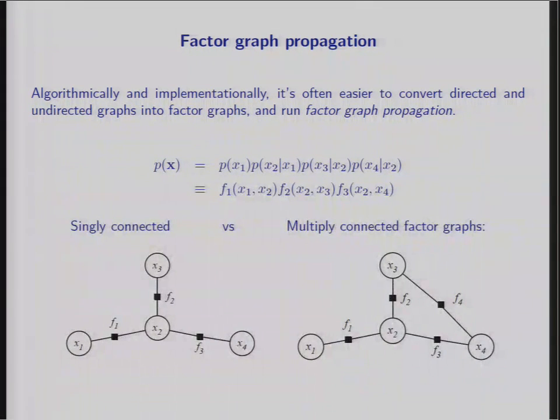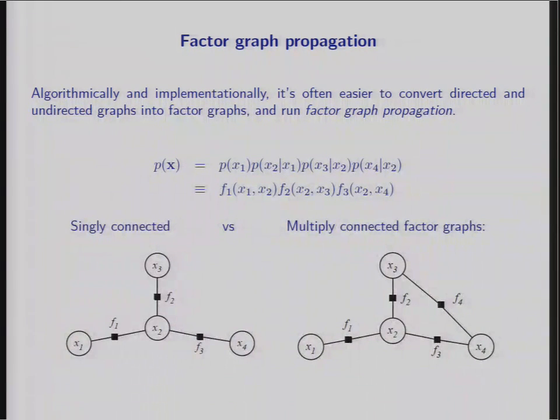The way we write this is we write it in terms of a product of factors. So for each one of these terms in here, we write down a factor, which is a function of the variables involved in these terms. The first term is just a function of x1. The second term is a function of x2 and x1.